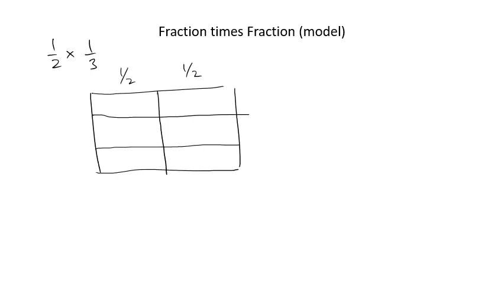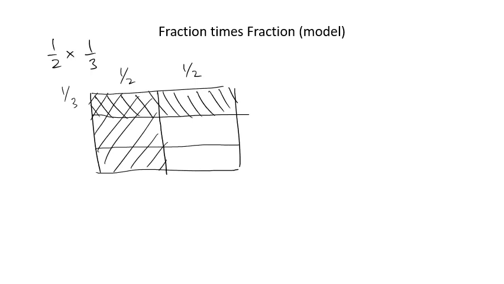Now, depending on the book, you may see this a couple different ways. So I have seen this where you shade the 1/2, and then you also shade the 1/3. Now, I've also seen it where you shade the 1/2, but you only shade the 1/3 that overlaps. You wouldn't shade this part over here.